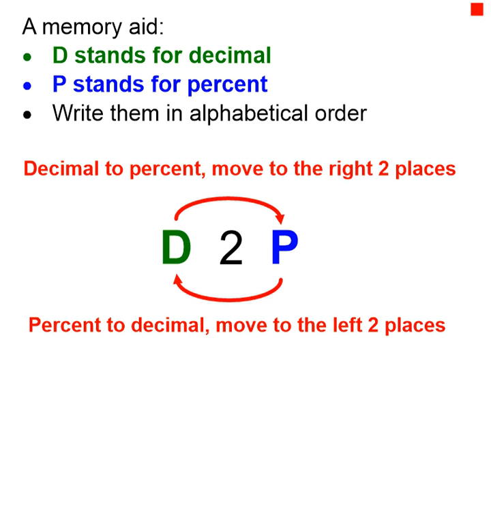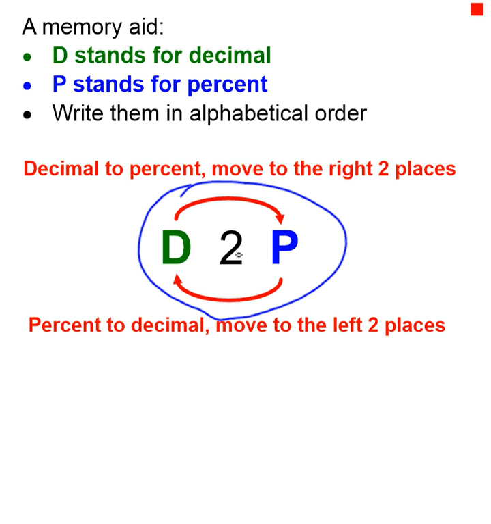So this is the memory aid that one of my students showed me. In this little memory aid, D stands for decimal, P stands for percent. And the key thing is you write them in alphabetical order. So D is written before P down here. And then we have D2P, meaning decimal to percent.